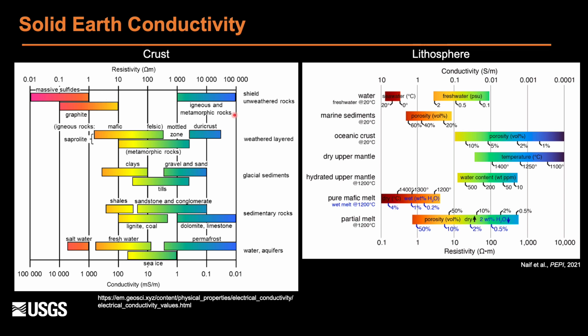Looking at more the entire lithosphere here on the right, temperature does control electrical conductivity in silicate minerals, and at upper mantle temperatures we can begin to resolve the increase in conductivity. Mantle hydration can also affect the conductivity of the upper mantle in a way that we can resolve. And melt is also electrically conductive, with the exact conductivity values depending on the composition, temperature, and percentage of partial melt.